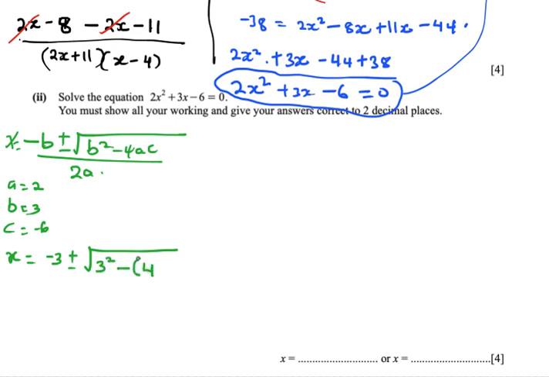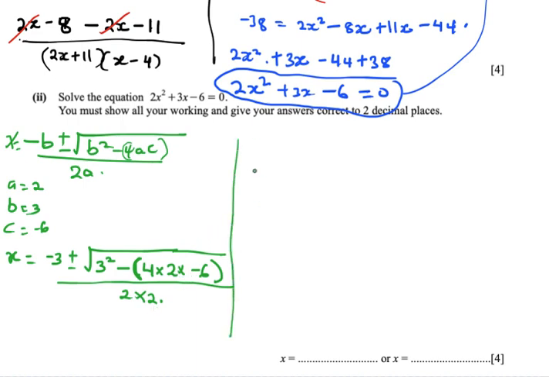I always encourage you to use a bracket at this point here. It helps a lot. It really helps. 4 times a, which is 2, and c, which is negative 6. Use a bracket at this point. So this is 2 times 2, the a.